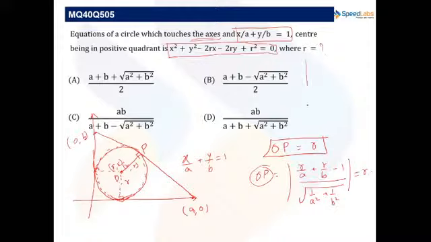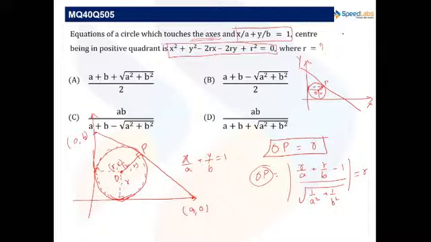Once more, let's see it. We have the x-axis, the y-axis, a line, and a circle which touches both the axes as well as the line. So if this circle has radius r, then this value will be r and r. From this point O to P, this OP will be the perpendicular distance of a line from a point.